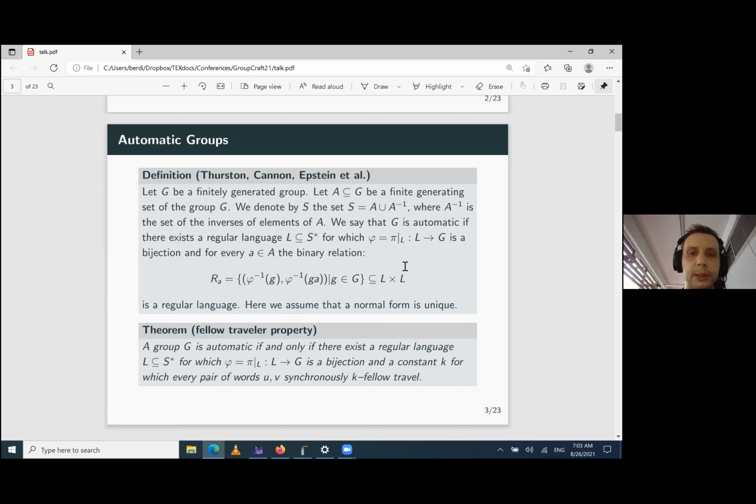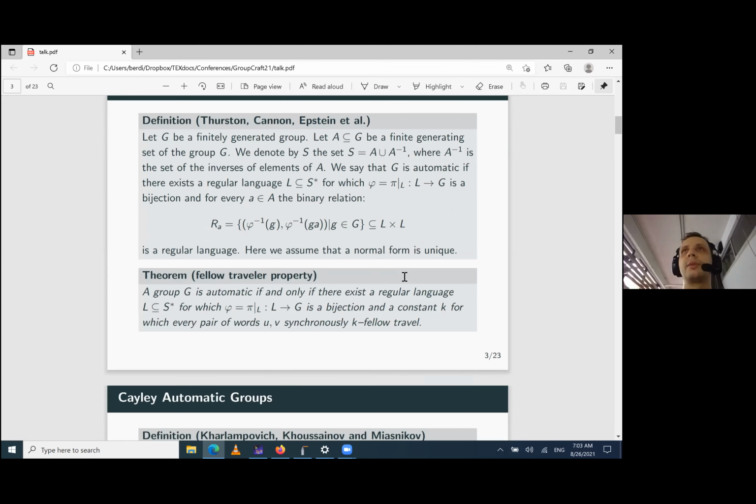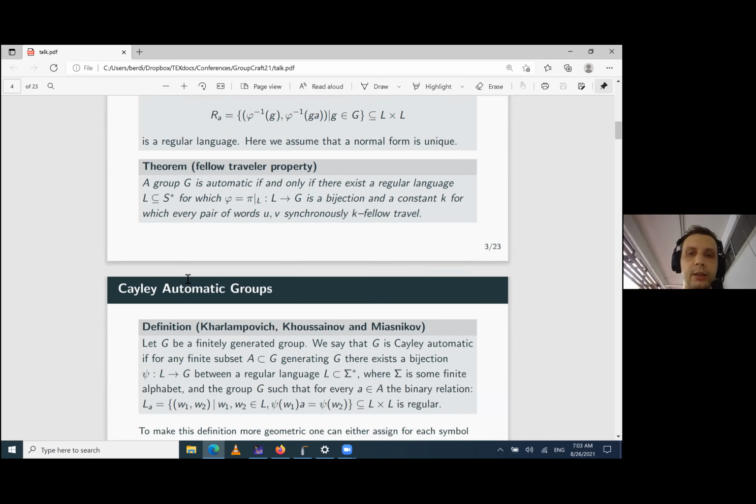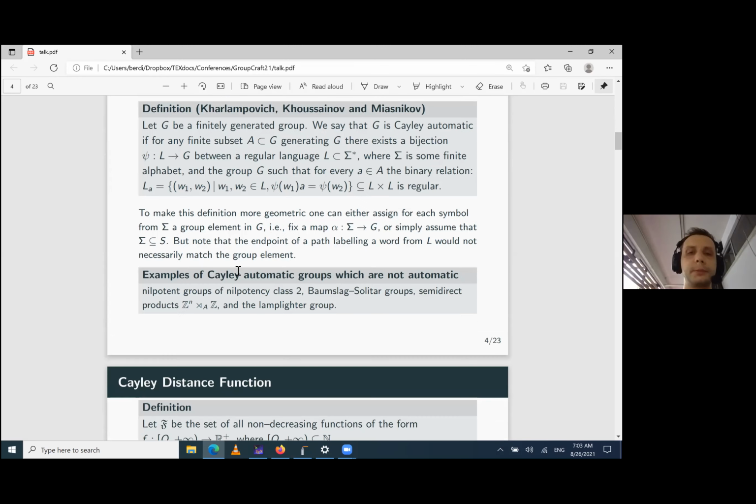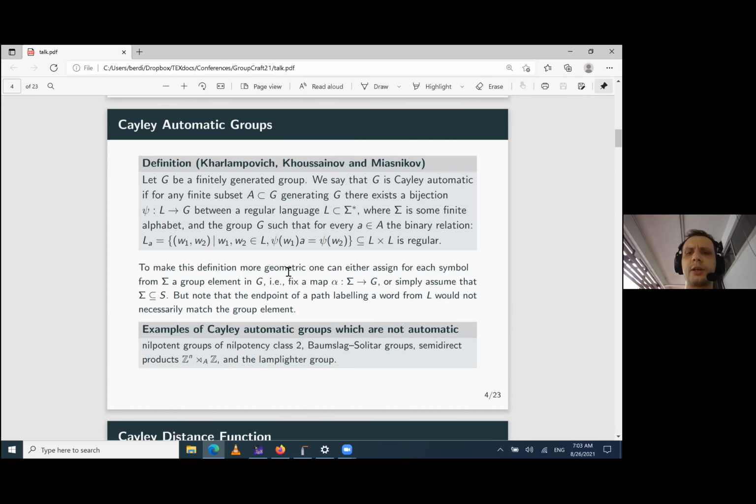Let me emphasize again that here we assume the normal form is unique. I have only one representative for every single group element. Then around 2011, Kharlampovich, Khoussainov, and Miasnikov proposed an extension of the notion of automatic groups, because the idea was to include some important groups that are not automatic.